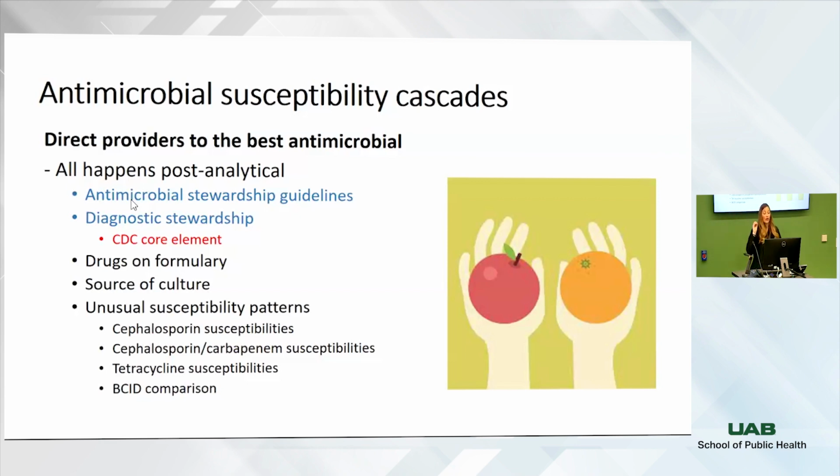We look for routine susceptibility patterns. So there are general rules with antimicrobials. They have first, second, third, and fourth generations. So if your first and second generations are susceptible, your third and fourth generations should be susceptible too. Same with cephalosporins and carbapenems most of the time. If your cephalosporins are susceptible, your carbapenem should be susceptible.